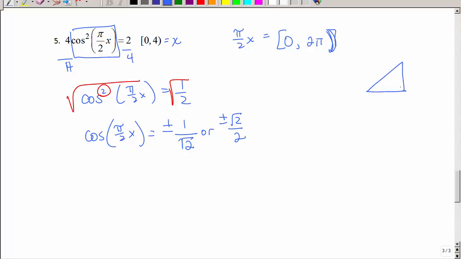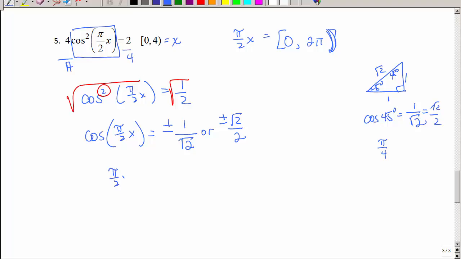Again, if I look at my triangle of 45 degrees, I believe the cosine of 45 degrees is adjacent over hypotenuse, and 45 degrees is pi over 4. So I think I should have an exact value here.